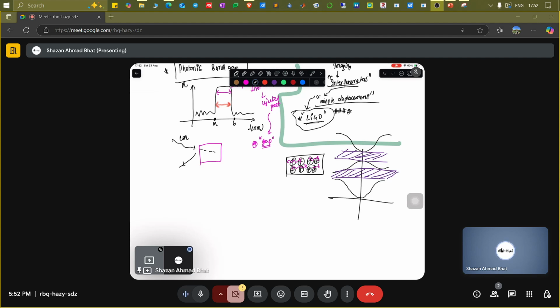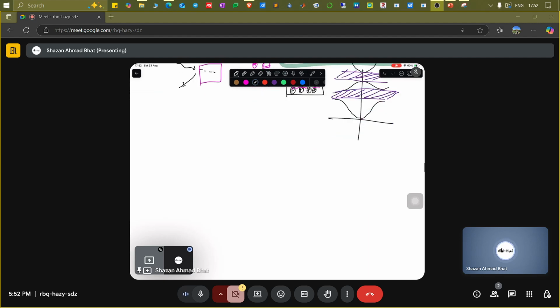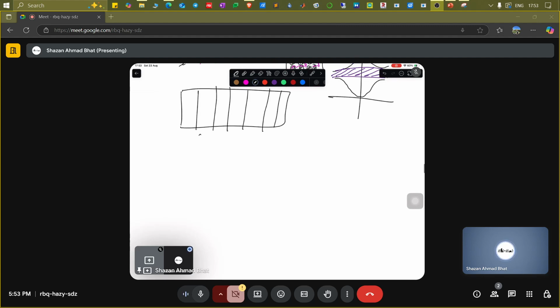Now, what does it depend upon? It depends on the dimensions becoming of the order of the wavelength. Let's say you have a stack with a certain repetitive arrangement d, and if d becomes of the order of the wavelength, then the photonic band gap comes into the picture.